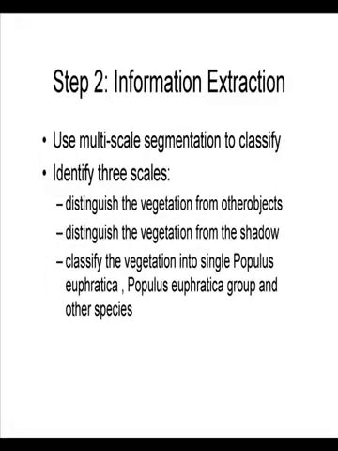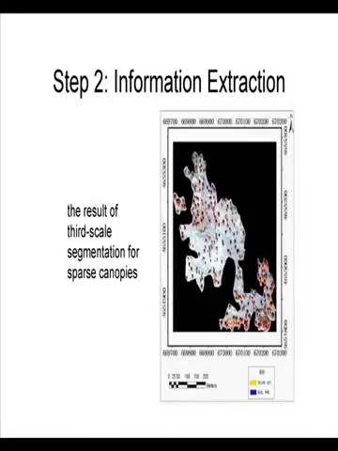After this step, we extracted the single and group Populus euphratica from other objects, including the shadows, the farms, and other species. On this page, you can see the results of third-scale segmentation for sparse canopies.